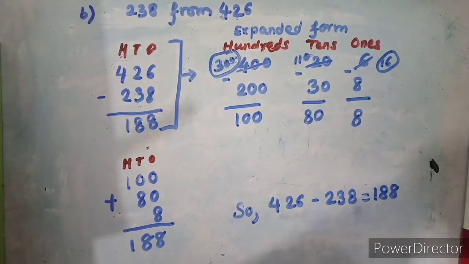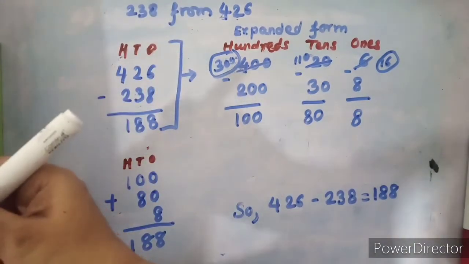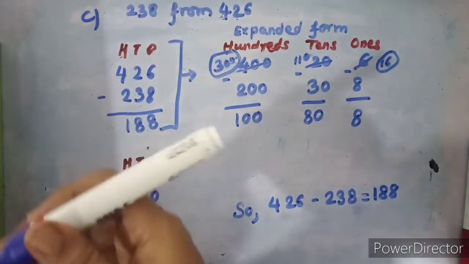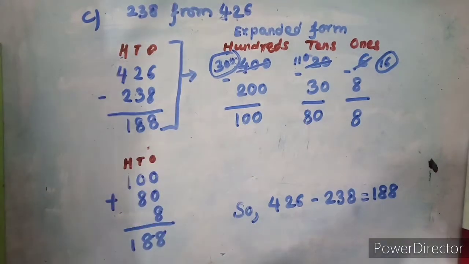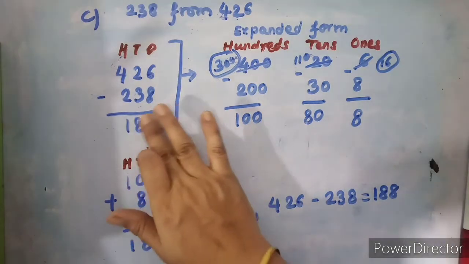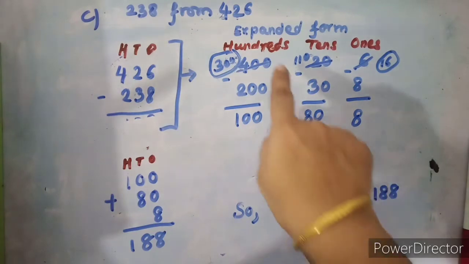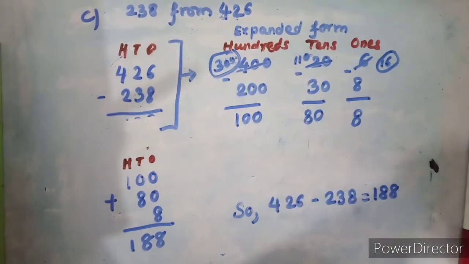Now as you can see, we have come to our third problem, that is 238 from 426. Okay, so I have written your number, see here, and then segregated it into the different places, that is hundreds, tens and ones.